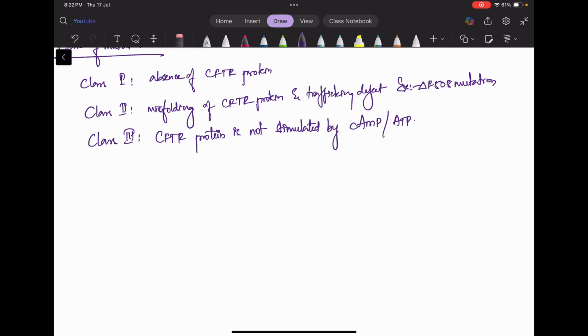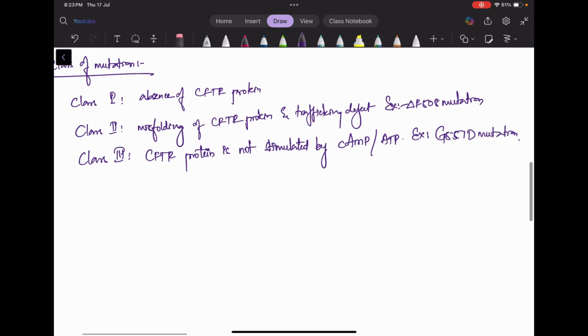Basically, it's a non-functional CFTR protein present on the apical surface, like the second most common, the G551D mutation. Yeah, you need to remember: absence of CFTR protein in class 1. Then in the second class we have the F508 mutation. Then the third one runs around the G551D mutation, right?